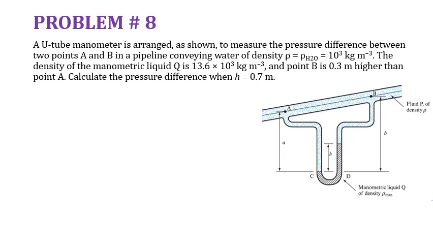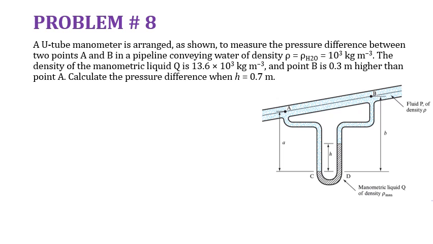So in this case, it is told that water is flowing in the pipe, and this manometric fluid is mercury, which has density 13.6 into 10 to the power 3 kg per meter cube. This h is 0.7, and it is given that point B is 0.3 meter higher than point A. So this B is A plus 0.3.